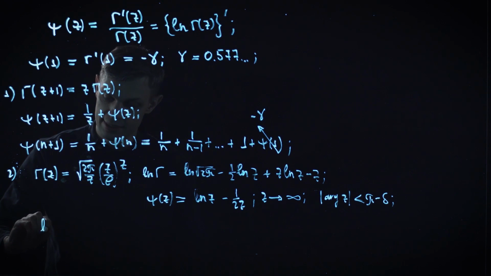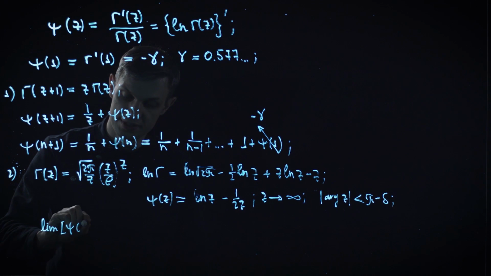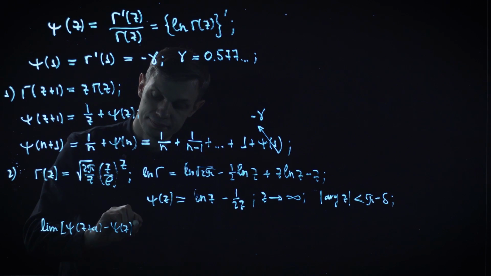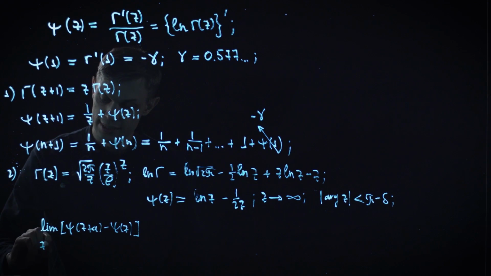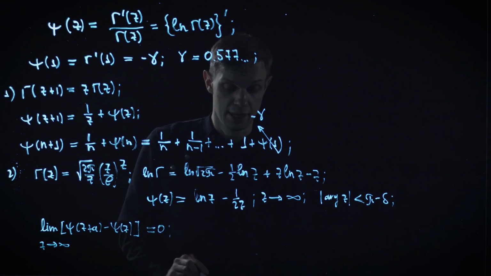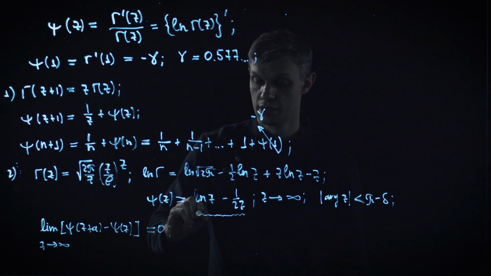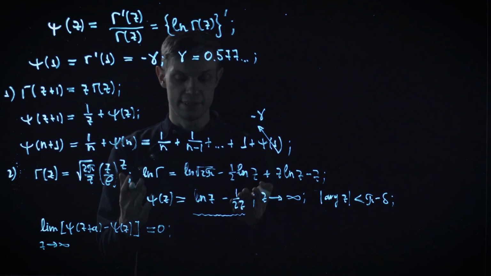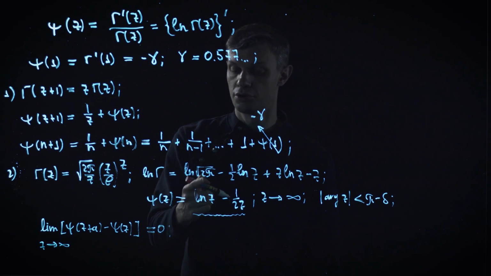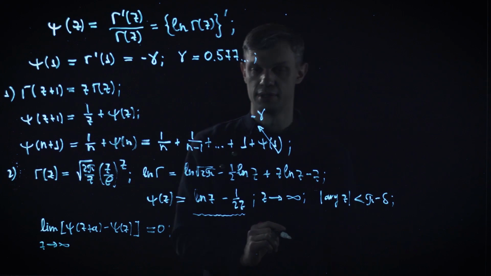So the limit of psi of z plus a minus psi of z as z tends to infinity equals 0. And indeed, if you look at this asymptotics, you can clearly see why this is so. It's just the logarithm of a ratio, which tends to 1. So yeah, it's more or less obvious.